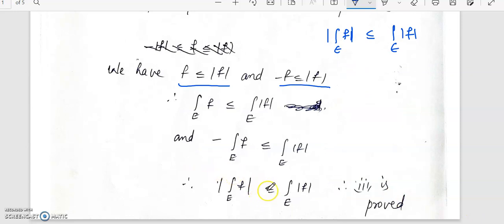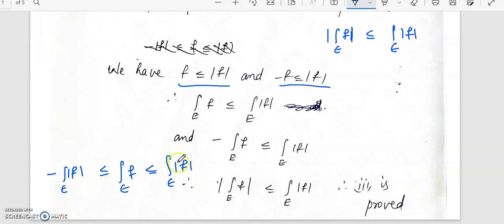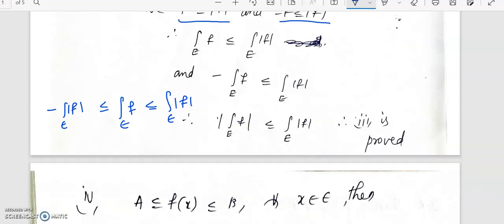So combining both, we will get minus integral over E of mod f less than or equal to integral over E of f less than or equal to integral over E of mod f. So that is the same as the modulus of integral over E of f less than or equal to integral over E of mod f. So that proves the result 3.